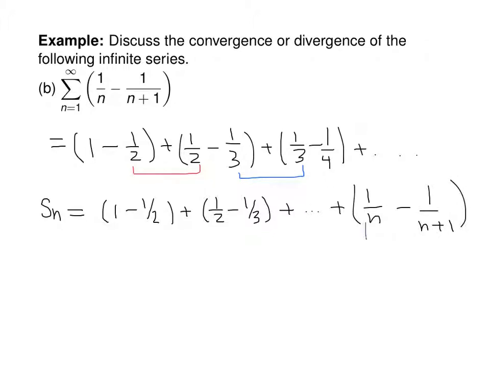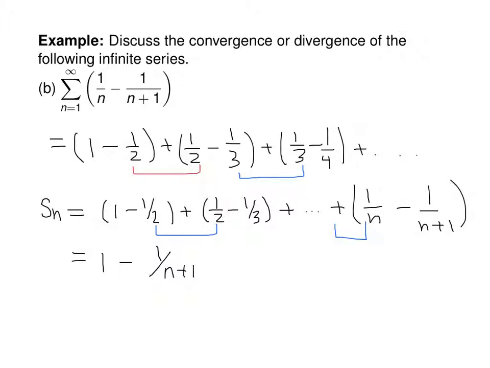This term will cancel with the immediate previous term. Everything in the middle cancels except for the first term, 1, and the last, 1 over n plus 1. This is an example of something called a telescoping series. It's kind of like a telescope folds back into itself.